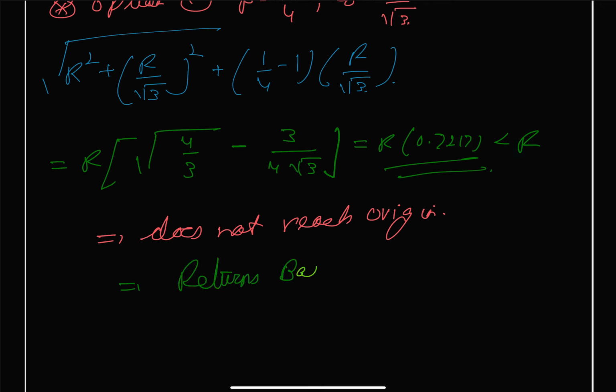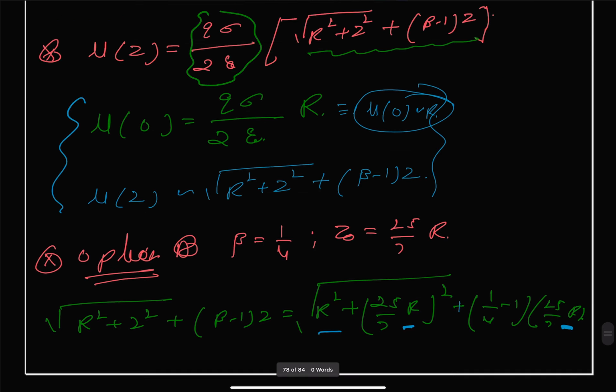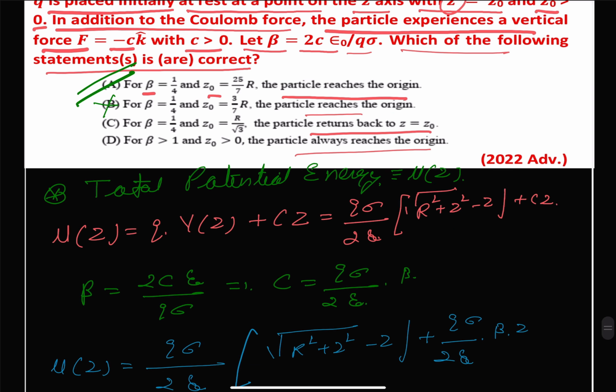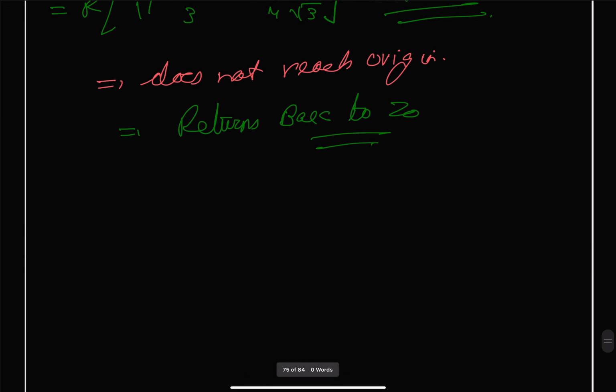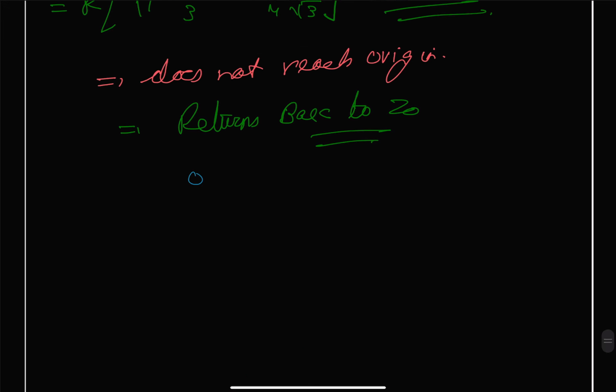Returns back to z naught. Therefore our option C is correct.